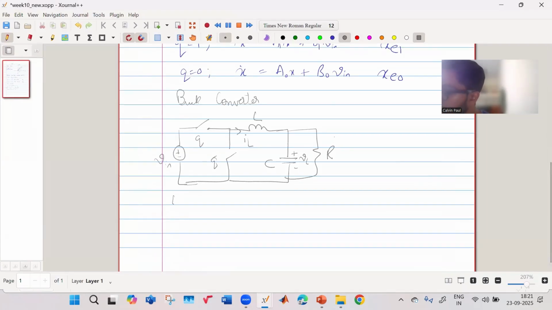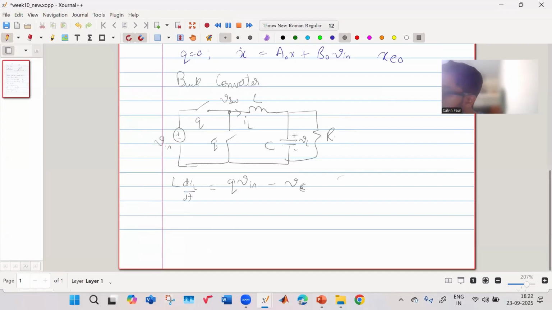So your L dIL dt is equal to Q into Vin minus V0 or VC. Because if Q equal to 1, the voltage over here, your switch node voltage VSW, is Vin. But if Q equal to 0, your voltage will be 0. So that's why L dIL dt is equal to Q Vin minus VC.